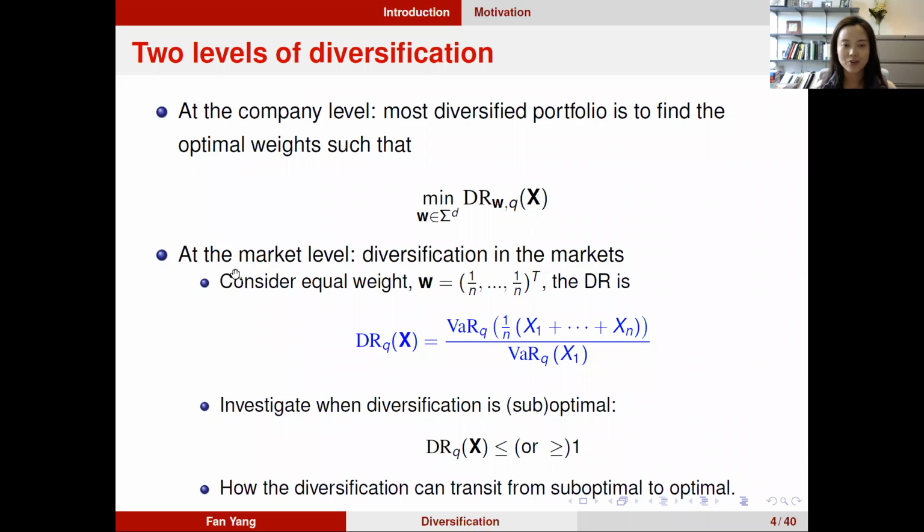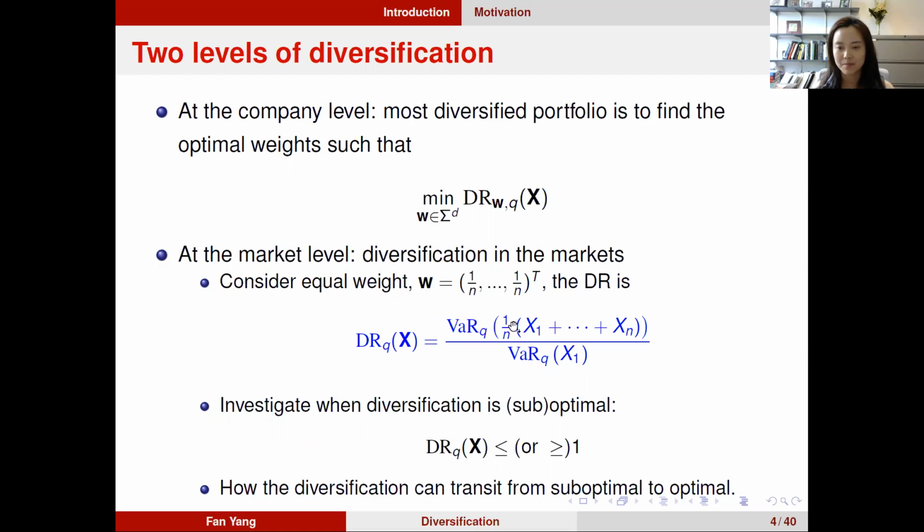But at the macro level, if we look at the market level, in a rougher setting we just consider the weights as equal weights, because here we are looking at the insurance market.